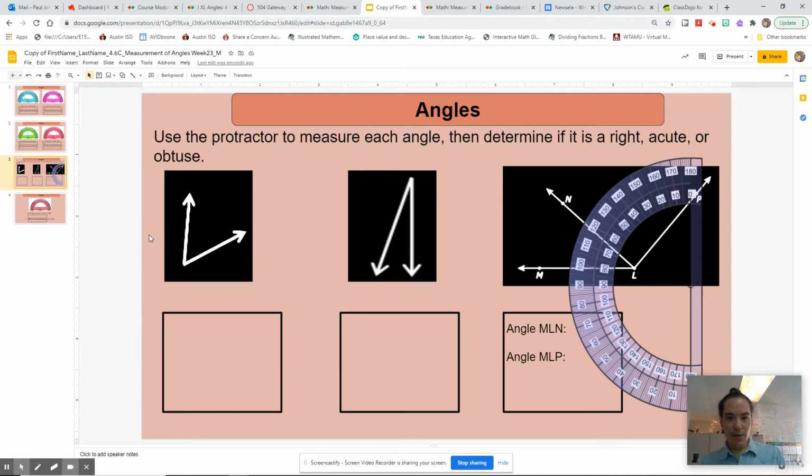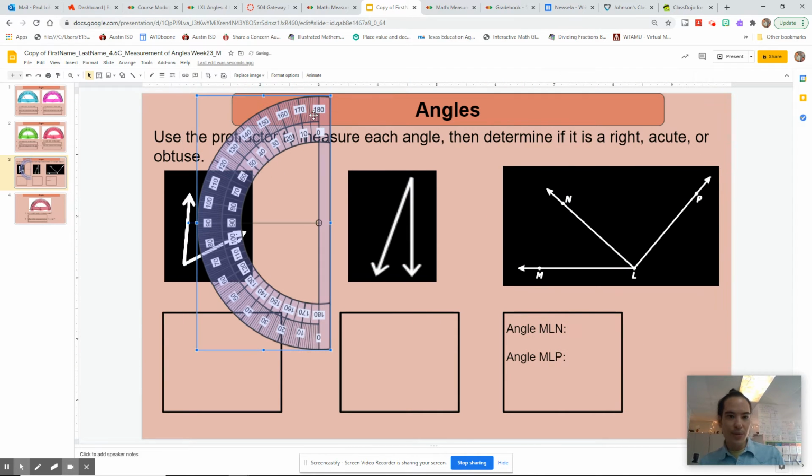Next page. All right. Oh dang, we're gonna have to use this protractor. That's kind of cool. All right, so we're gonna have to rotate this. So to rotate this, we're gonna probably have to actually vary the rotation.